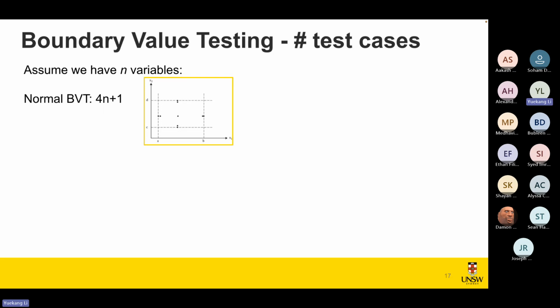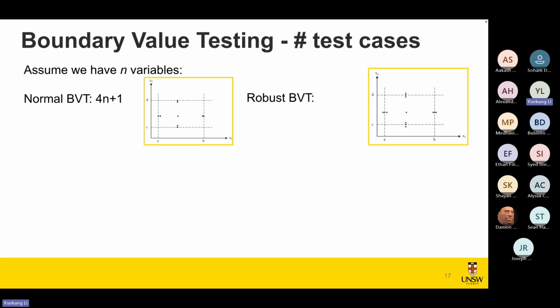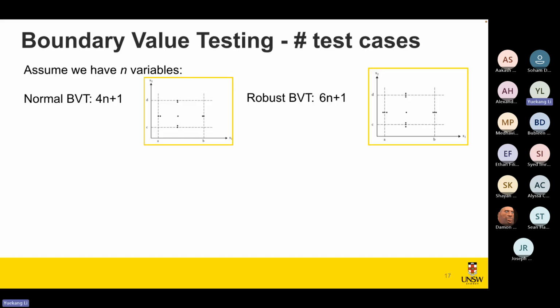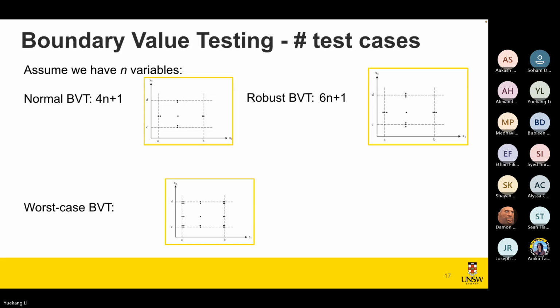And we will learn about why this is 4n plus 1 later. And for robust boundary value testing, we need how many? We need 6n plus 1 test cases. So these two are still linear, right? The number of test cases required is growing linearly in accordance to the number of parameters.